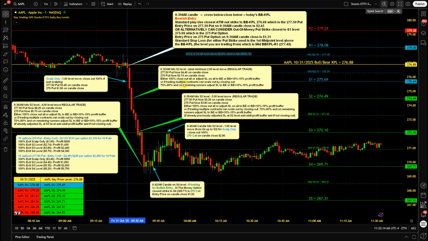Or, if trading multiple contracts, now we're talking about options, you can apply the same thing to stock that I'm about to go through. Or if trading multiple option contracts, you can scale out by closing out 70 to 90% of them, and on the remaining runners adjust stop loss to break even, or break even plus 10 to 15% profit buffer.